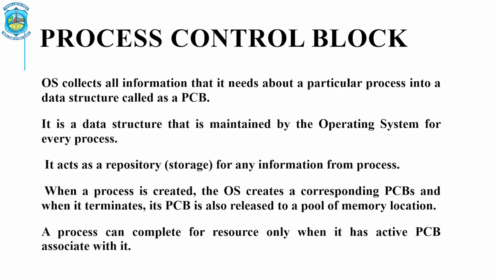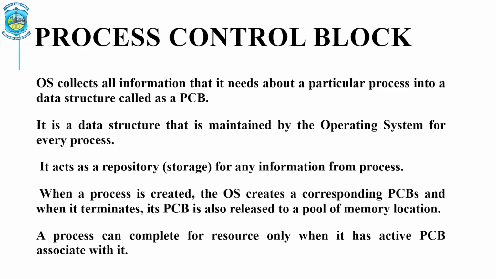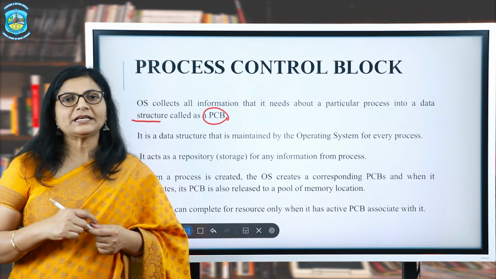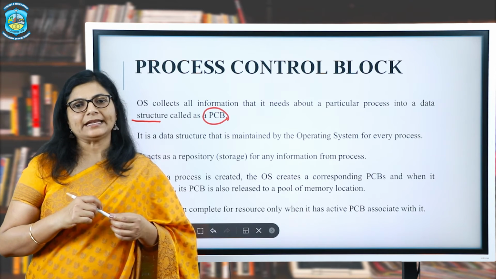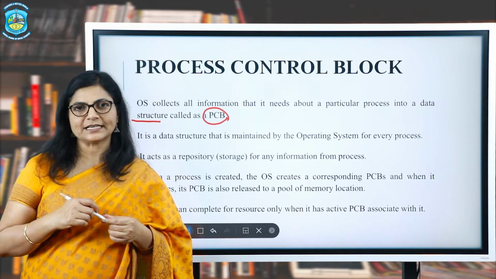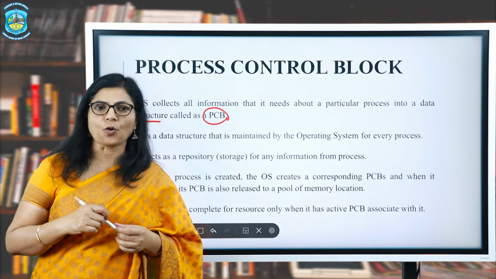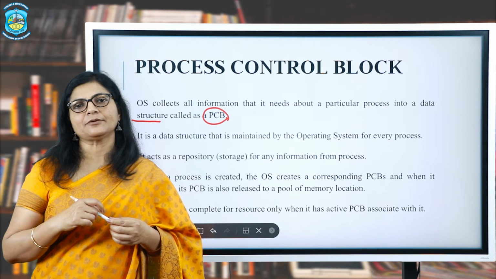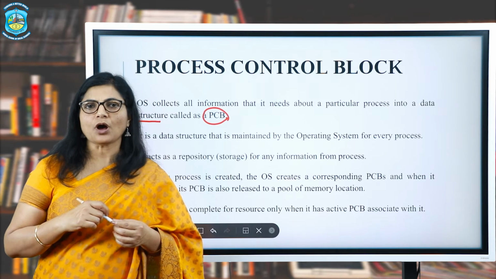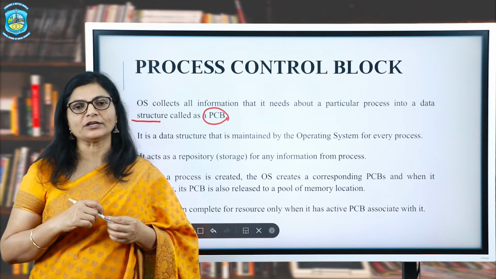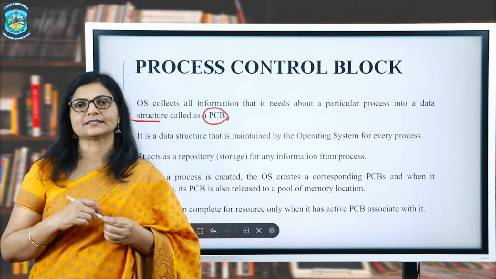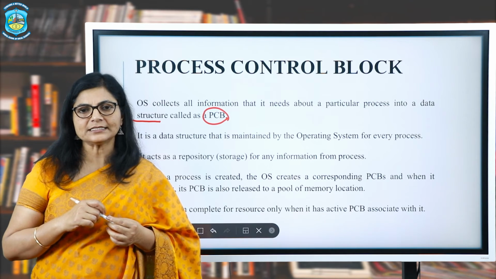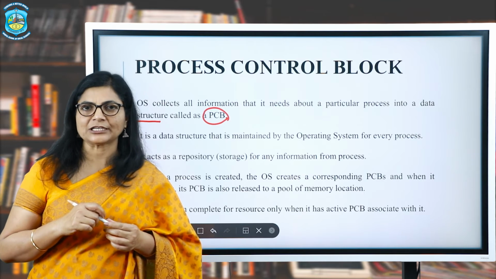A process can compete for resources only when it has an active PCB associated with it. The PCB is identified by an integer process ID. It helps to store all the information required to keep track of all the running processes. It is also accountable for storing the contents of processor registers. These are saved when the process moves from the running state and then restored when it returns to it.